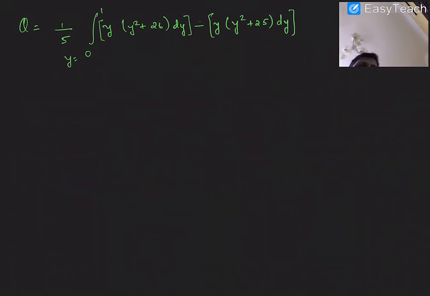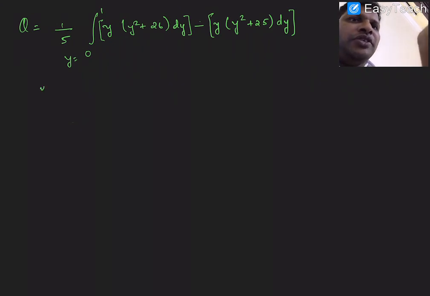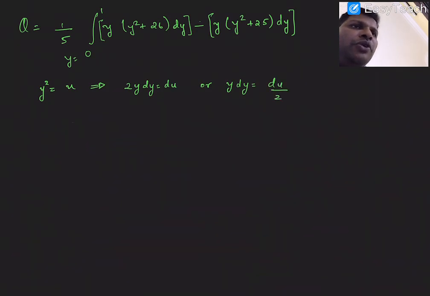Now we can do the integration. So first part, actually we have seen that the above things are the function of y, but you can see there is y square, so this will create a problem in the integration. So I need to substitute y square with u. This implies that 2y into dy is equal to du, or I can say y dy is equal to du over 2. So if I put du over 2 instead of y dy, and also when y equal to 0, we will get u equal to 0.